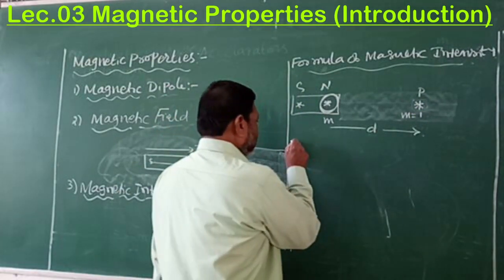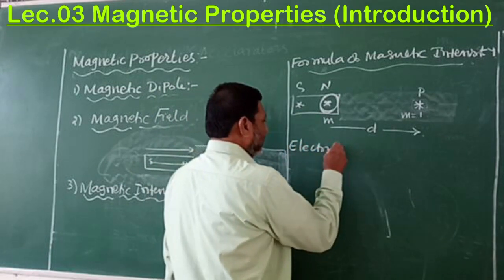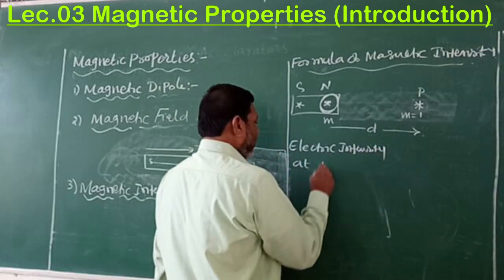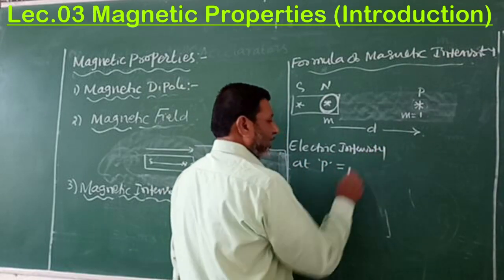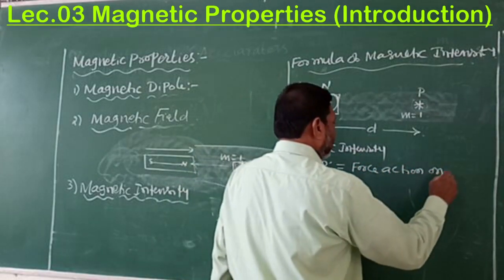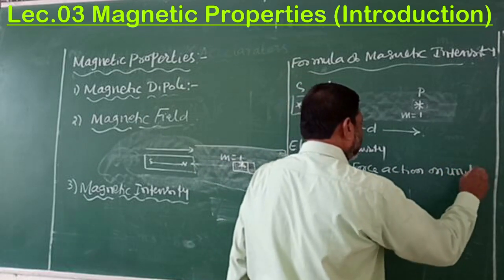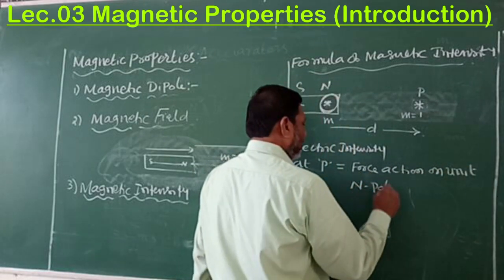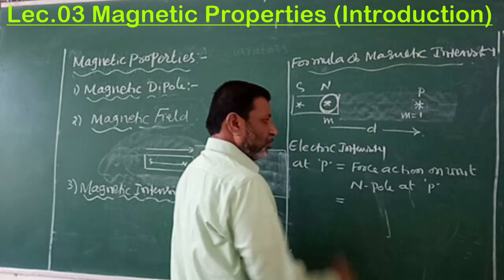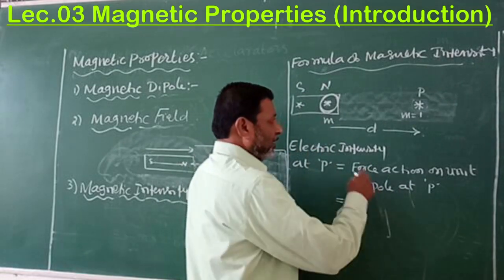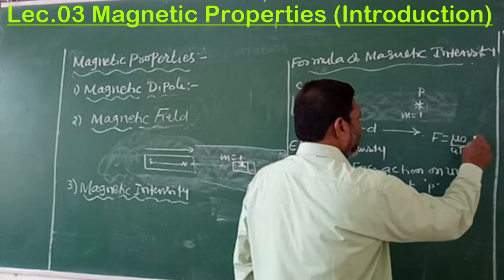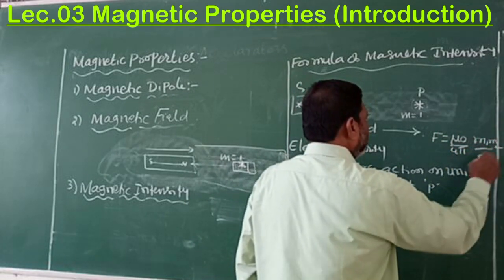Now here, I will write: magnetic intensity at P is equal to the force acting on the unit north pole at P. Since it is a force, you apply Coulomb's inverse square law. Just now we have explained, force is equal to mu naught divided by 4 pi, M1 M2 divided by d square.